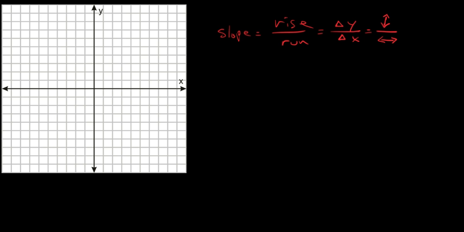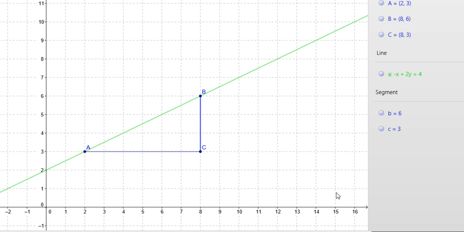As we've seen in our GeoGebra picture, if you just count the squares, going up you go 1, 2, 3, and going to the right you go 6. Or you say 6 to the right and 3 up, either way.